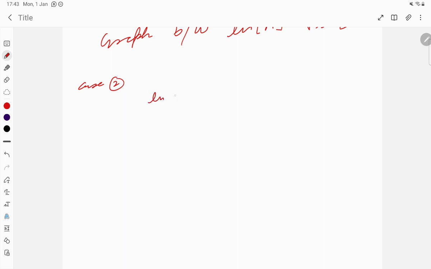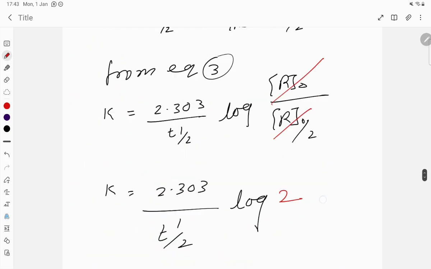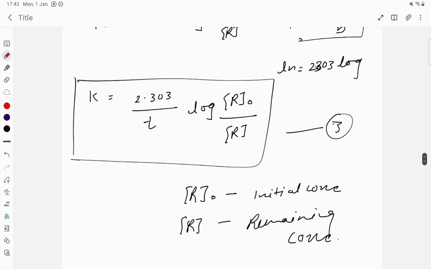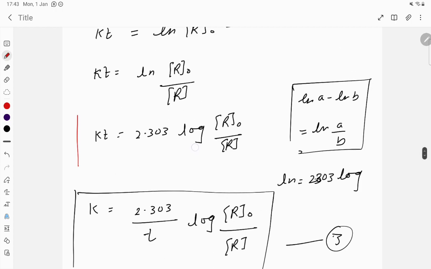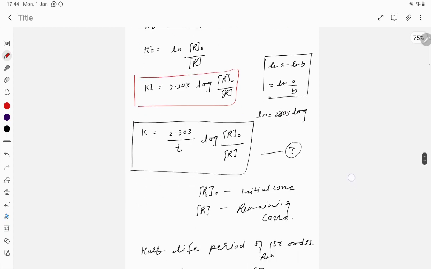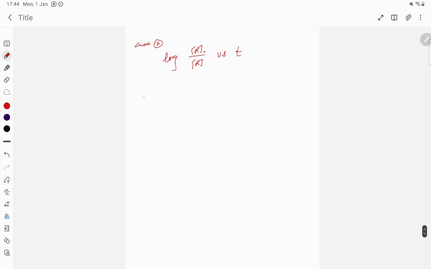Now we have to see one more graph, case 2. So r naught by r versus time, we are going to take not ln, actually we have to take the log. Which equation can we use? Let us see, kt is equal to 2.303 log r naught by r.